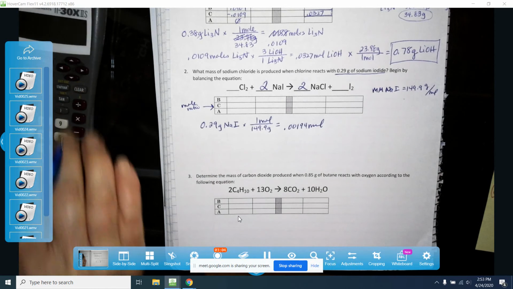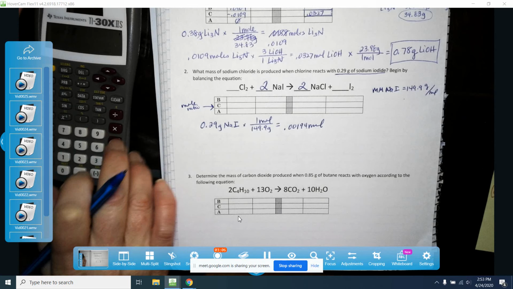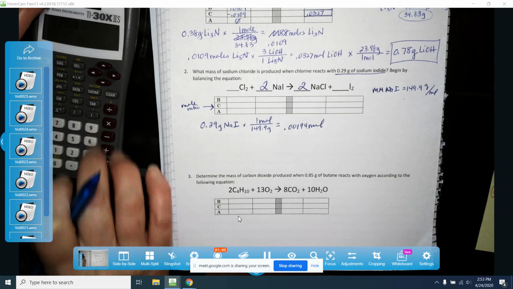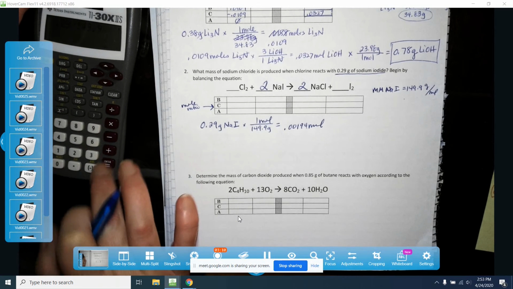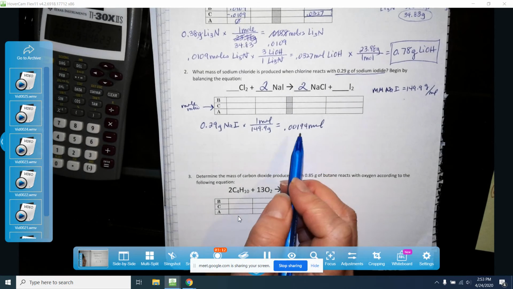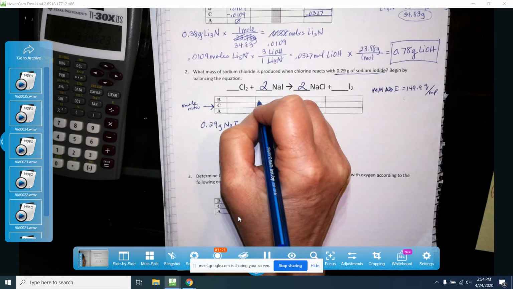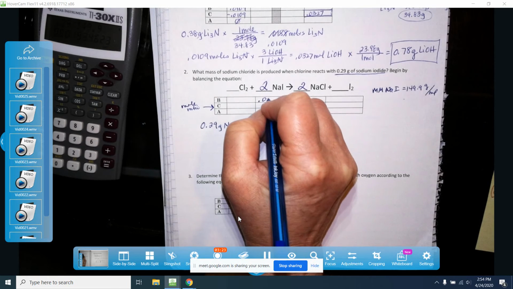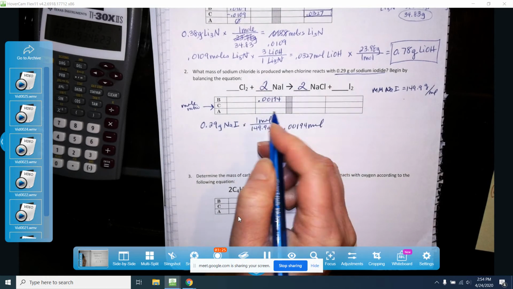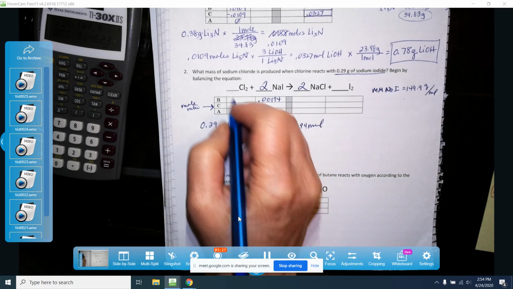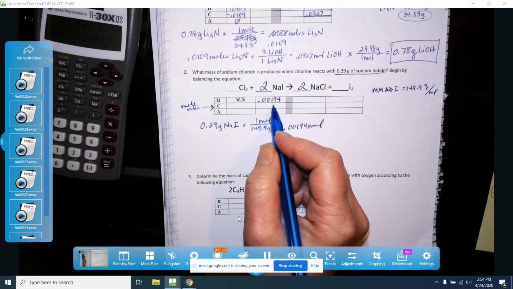Always double check these because it's so easy to make a mistake. 0.29 divided by 149.9. Yeah. All right, so that is what goes here. That's what you're starting out with. So you're reacting this 0.00194 with chlorine, and it doesn't tell you how much chlorine, so that's going to be excess.